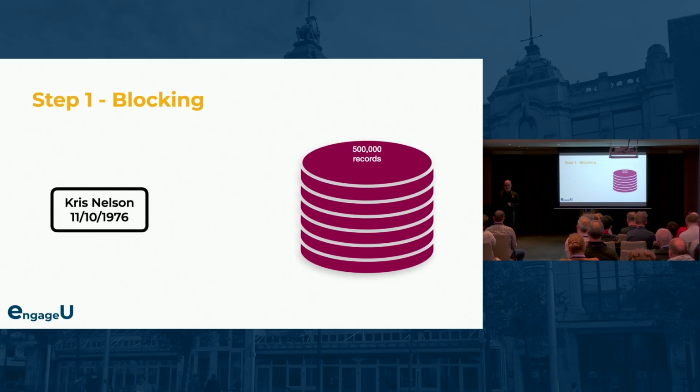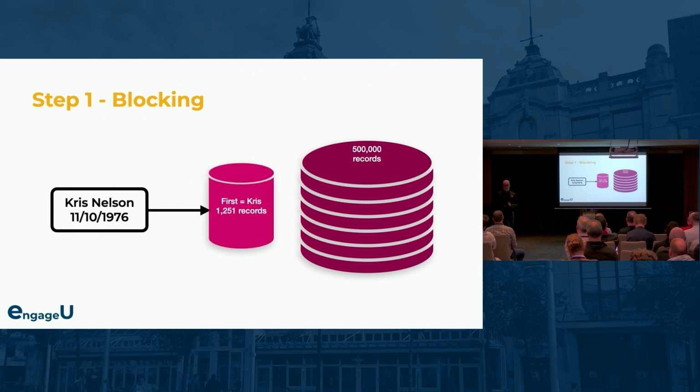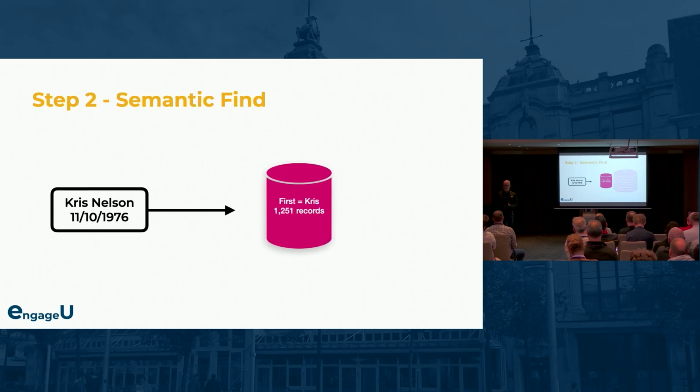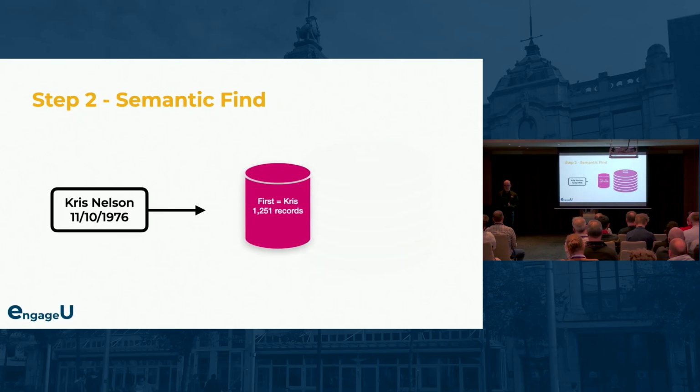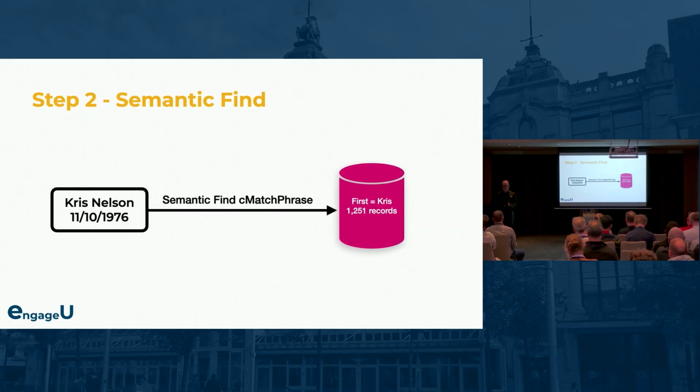So to follow our Chris Nelson example, we might start off blocking on the first name field. We perform a standard FileMaker search for records with the first name Chris, and we end up with a found set of 1,251 records. Now we move on to step 2, and we perform a Semantic Find on that whole match phrase.